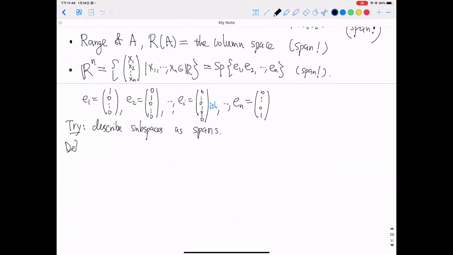So let's formalize that into the following definition. Say W is a subspace, and suppose you have S, w1 through wm, a subset.